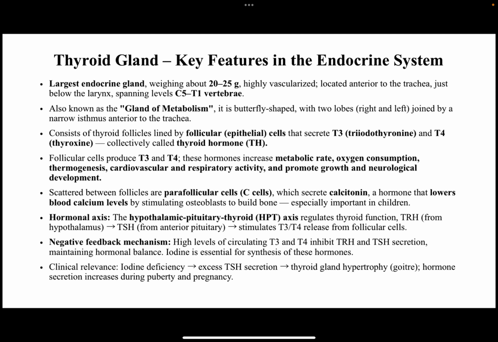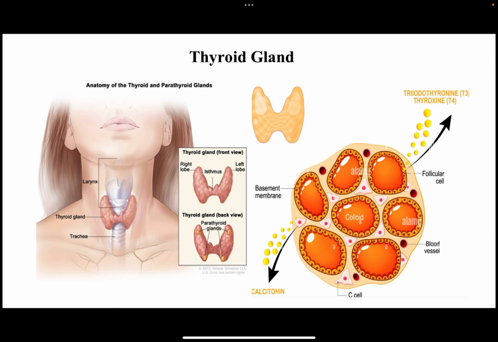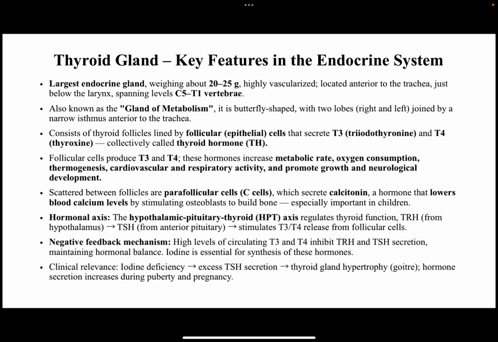In terms of its shape, it is butterfly shaped with two lobes. So let's look at the diagram. We have the left lobe and then the right lobe. If you look at it very well, you realize it looks like a butterfly. That's why we say it's butterfly shaped, with two lobes joined by a narrow portion at the anterior medial part.